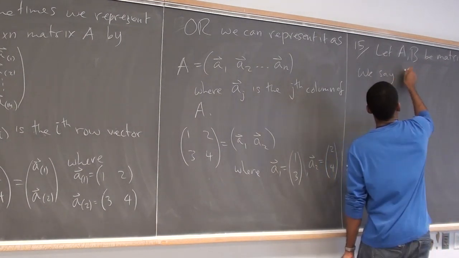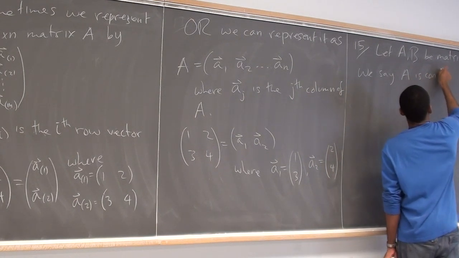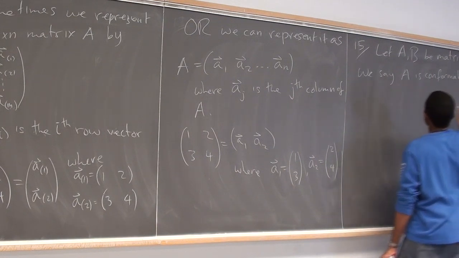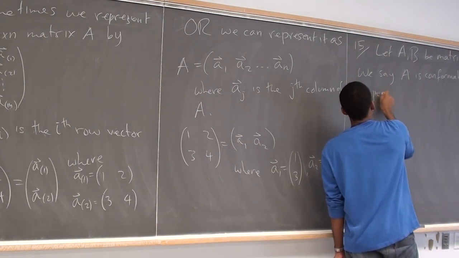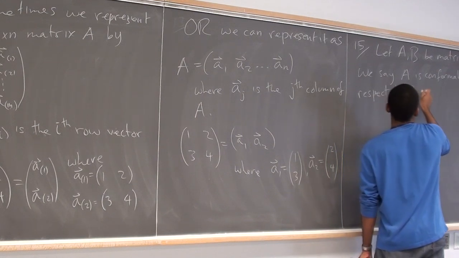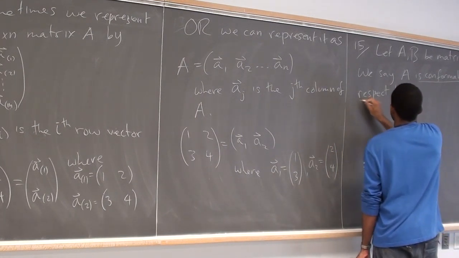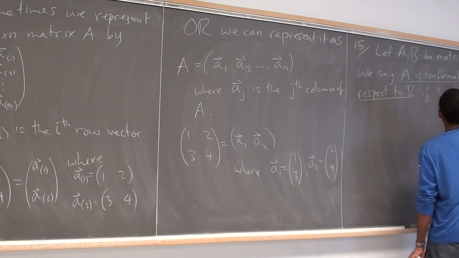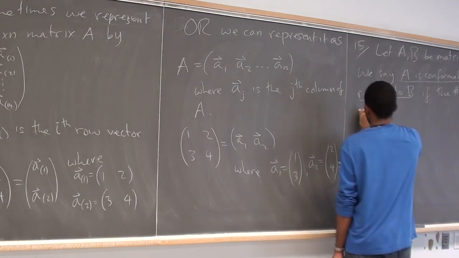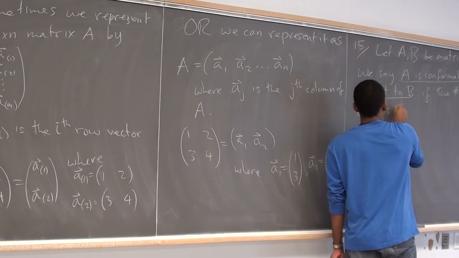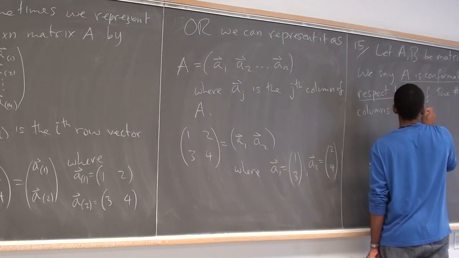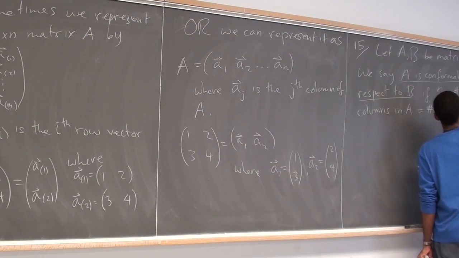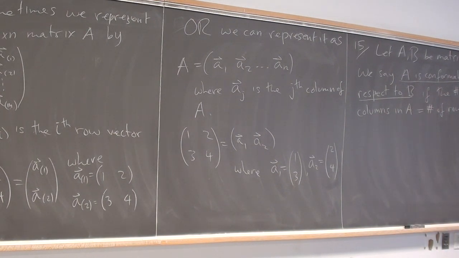We say A is conformable with respect to B if the number of columns in A equals the number of rows in B.